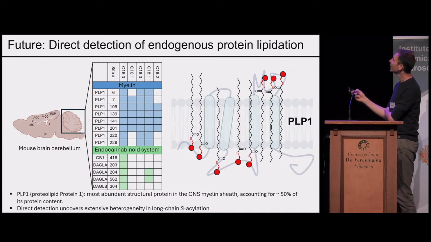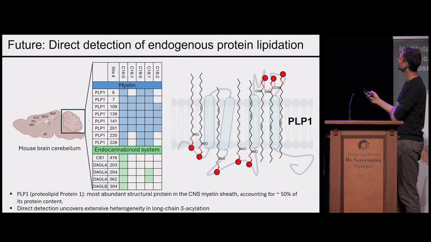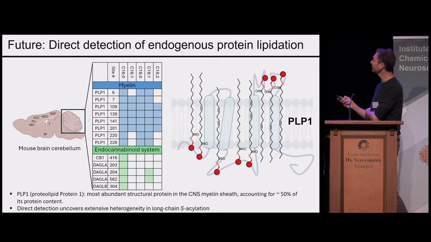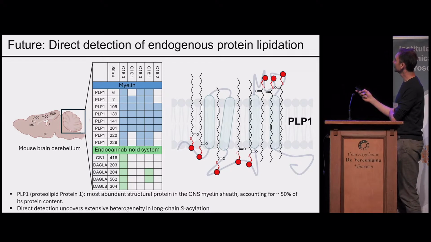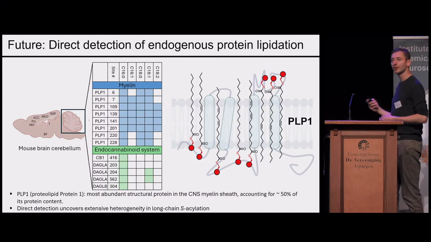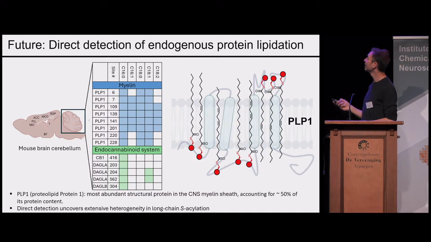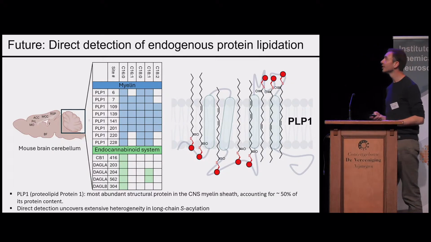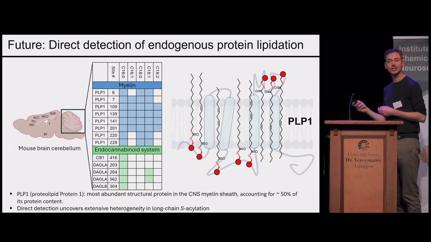There we see a large heterogeneity of lipidation events through these thioesters on different sites of this protein. This protein was known to be lipidated. However, it was not known which lipids were actually attached. And now we see a large heterogeneity of lipids attached to this protein.